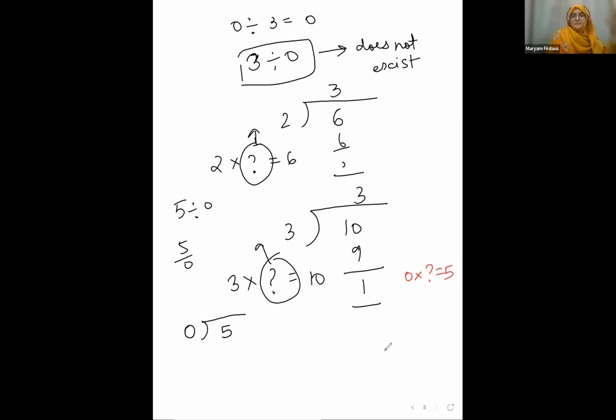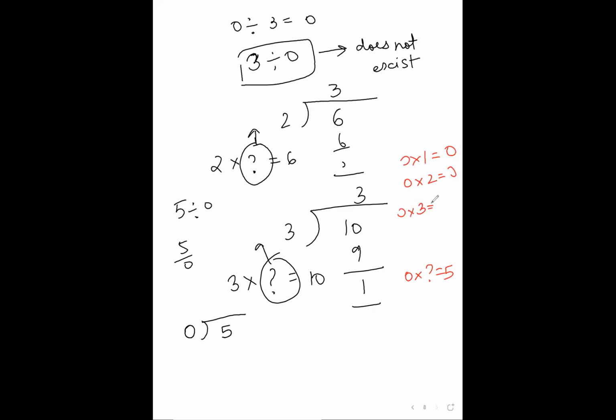Come on, think. What is 0 multiplied by 1? 0. What is 0 multiplied by 2? 0. What is 0 multiplied by 3? 0. What is 0 multiplied by 5? 0.